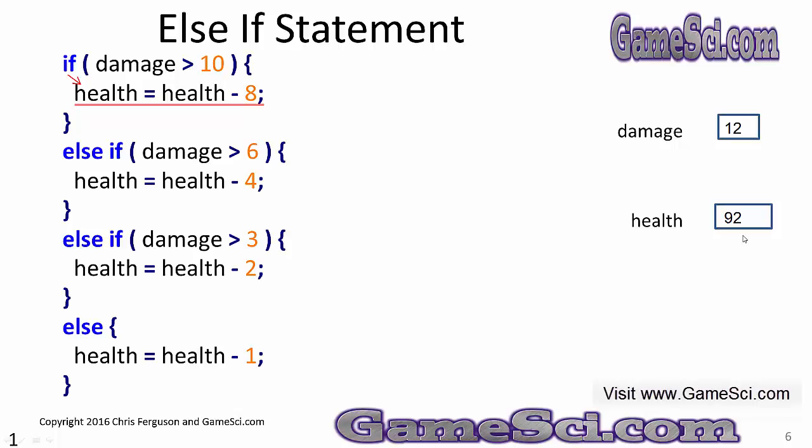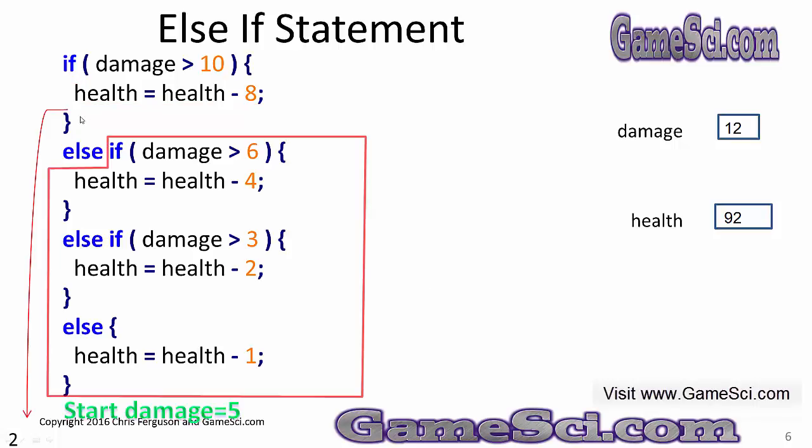Now, what happens after we execute an if portion of an if else statement? It skips the else. What you have to understand is that this if is attached to that else. So if this if is true, we have to skip this else. What you may not see is that all of this code is part of that else.